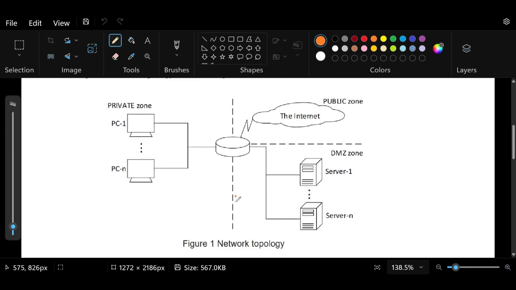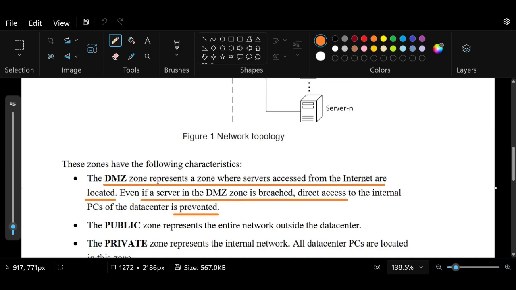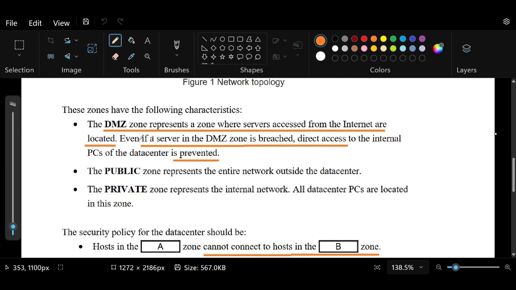This is the network topology. These zones have the following characteristics. The DMZ zone represents a zone where servers accessed from the internet are located. Even if a server in the DMZ zone is breached, direct access to the internal PCs of the data center is prevented.